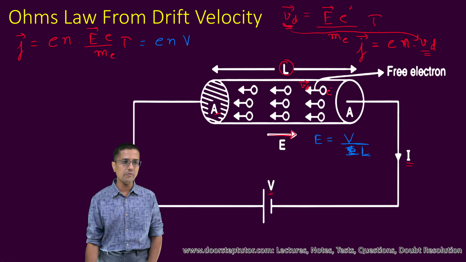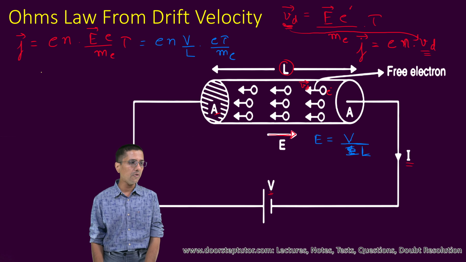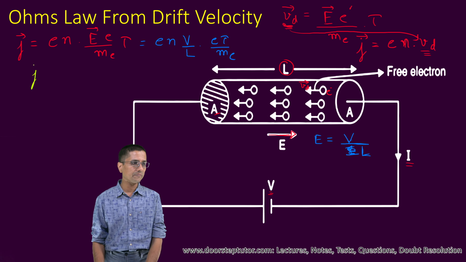Other things remain as such, e tau by Me. Now we are going to simplify this a little bit more. So J is equal to e squared n tau by Me L into V.